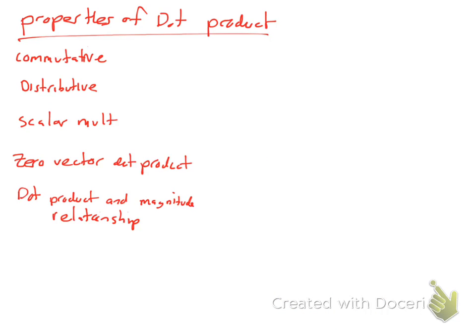Okay, so now we're moving on to the properties of the dot product. We have the commutative property. The commutative property, if you remember back to your real numbers, we have to add to this, guys, on our properties. U, V, W are vectors. And we're going to say that K is a scalar. Okay?